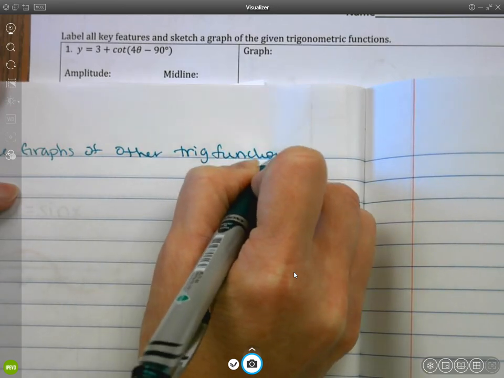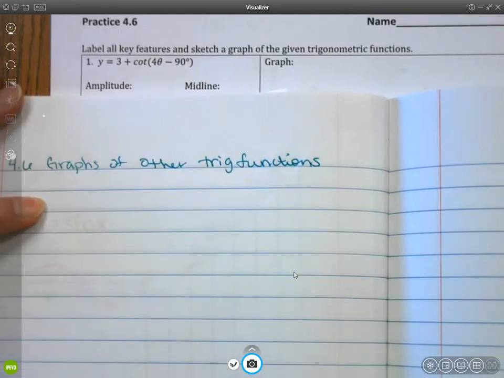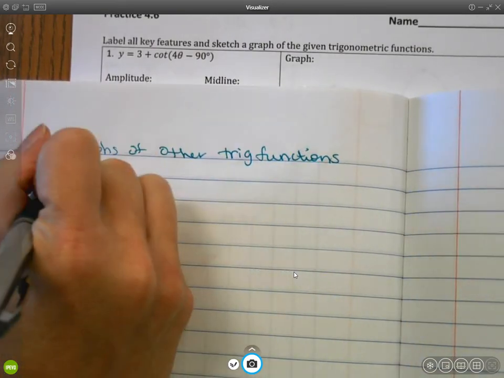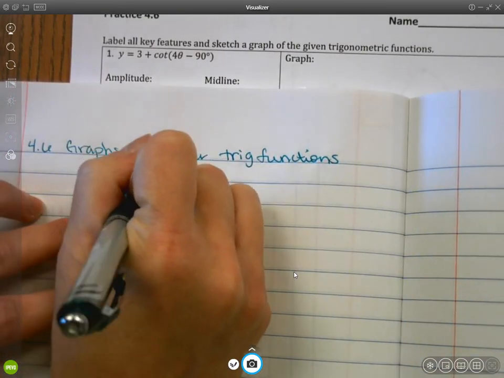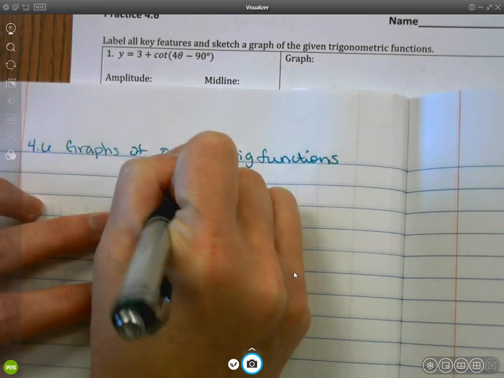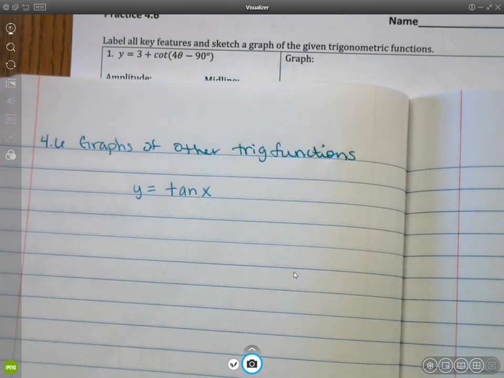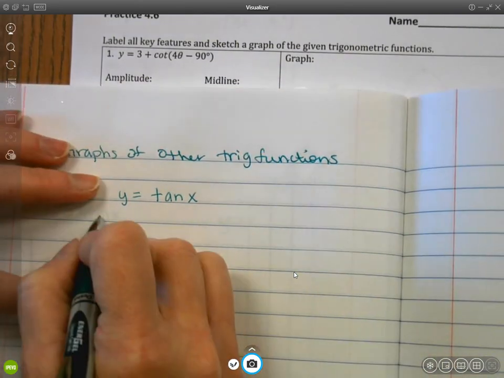So 4.5 was on sine and cosine. This is on the others. And just like we did with sine and cosine, we're going to make ourselves this is what tangent looks like, this is what secant looks like, this is what cosecant looks like, this is what cotangent looks like.